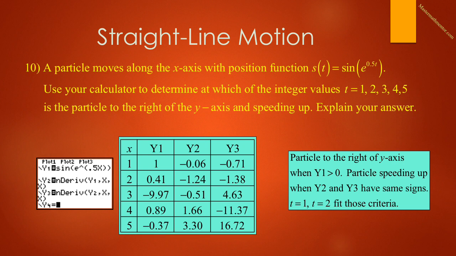We also want the particle to be speeding up. That means that the velocity in y2 and acceleration in y3 must have the same signs. That occurs at t equals 1, t equals 2, and t equals 5. So only t equals 1 and t equals 2 meet both criteria.